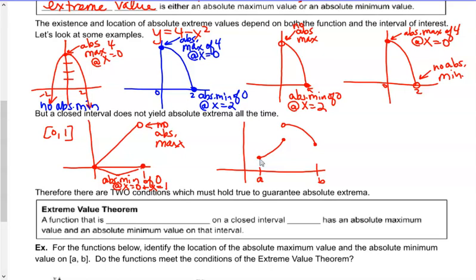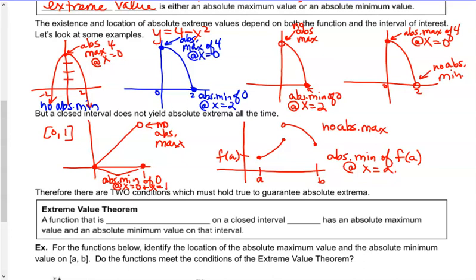Then, I've got a closed interval from A to B. I don't have a continuous function, but I do have a closed interval because all points are accounted for. Here, I do not have an absolute max. There is not a point up here. So there's no absolute max, but I do have an absolute min here at A. We'll call it f of A, because we don't know what it is, at x equals A. So we have some extrema, but not both, and we are on closed intervals.